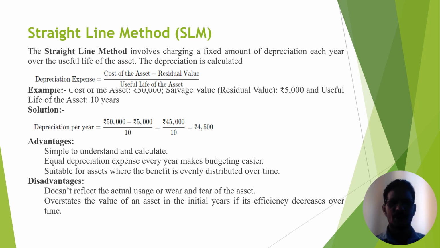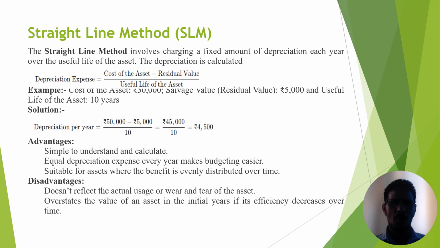Cost of asset, suppose 50,000 rupees, salvage value, that is scrap value, 5,000, useful life 10 years. From this information we apply this formula and calculate the depreciation amount to charge every year.